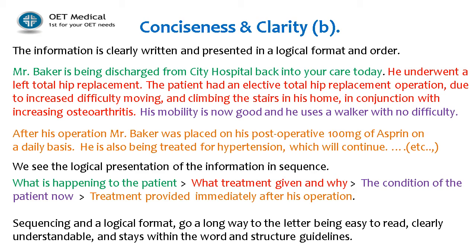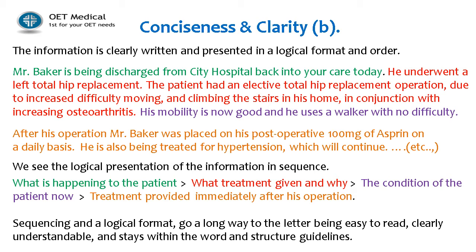Okay. So again, conciseness and clarity. The information is clearly written and presented in a logical format and order. That's very important. So going through the sections that we've already looked at, we've got in green, the patient's being discharged.